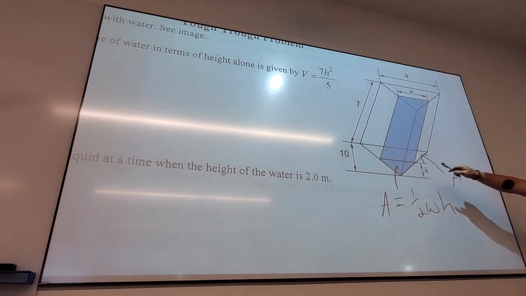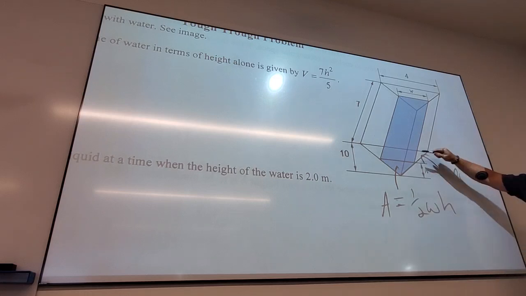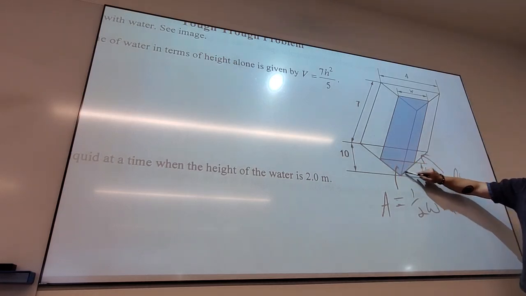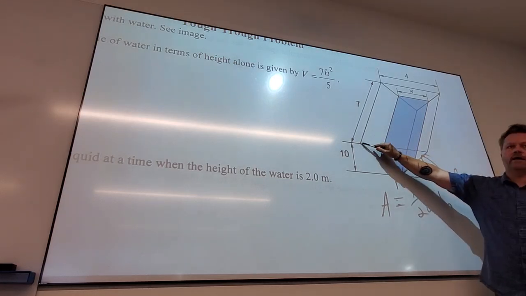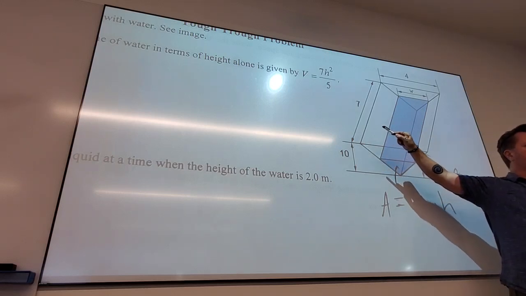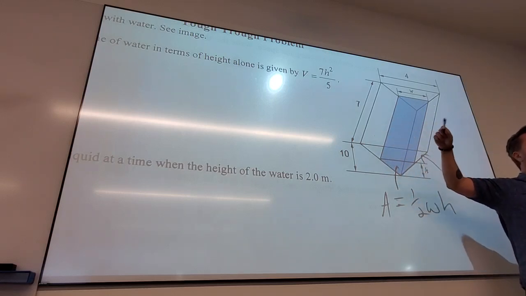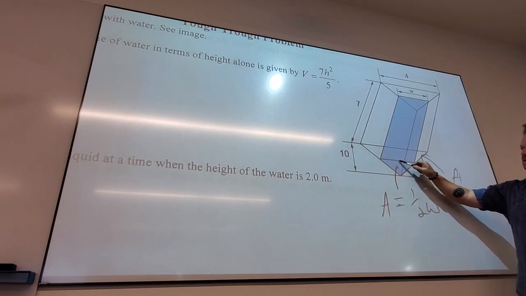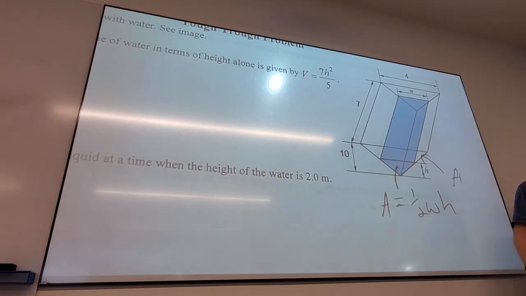So this triangle here, versus the big triangle. Is there any dimension I don't know of the big triangle? No. The big triangle, thank you, you're so awesome. But the triangle that represents my actual water sucks.